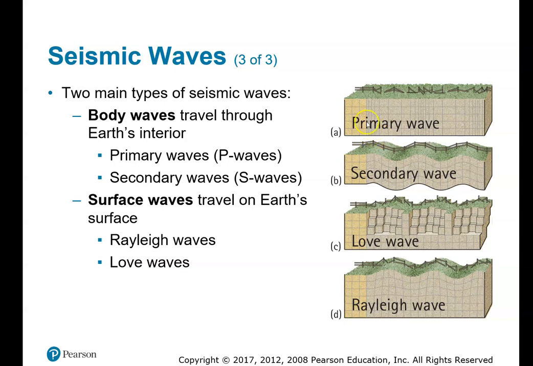Remember, with the primary waves, the compression and expansion is moving in the same direction that the wave travels. The up and down motion of the secondary waves is perpendicular to the direction that the wave travels. So those are the four basic types of waves that we're going to talk about: P waves, S waves, Rayleigh waves, and Love waves.